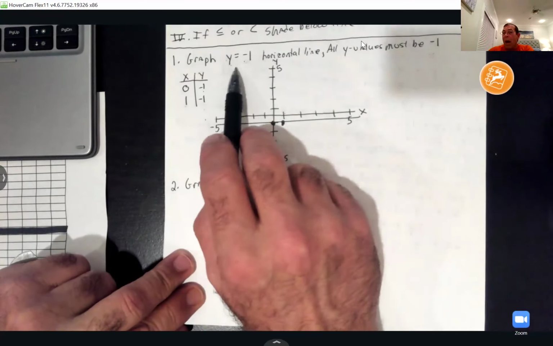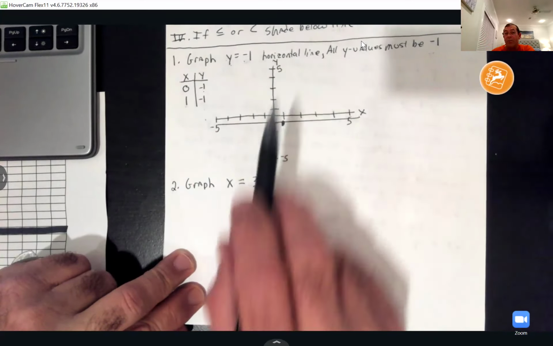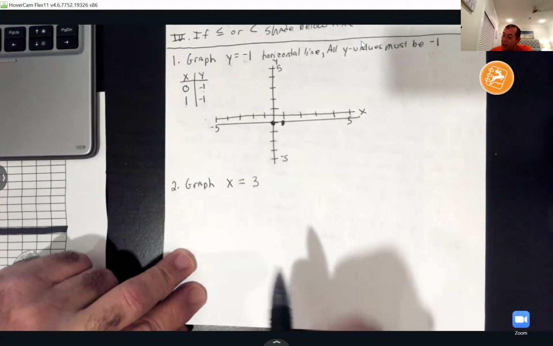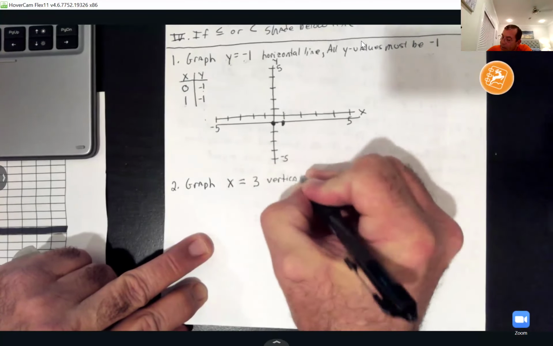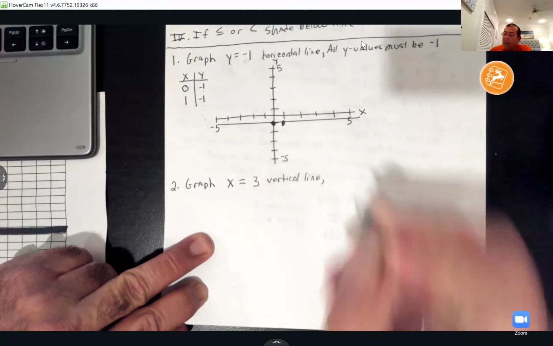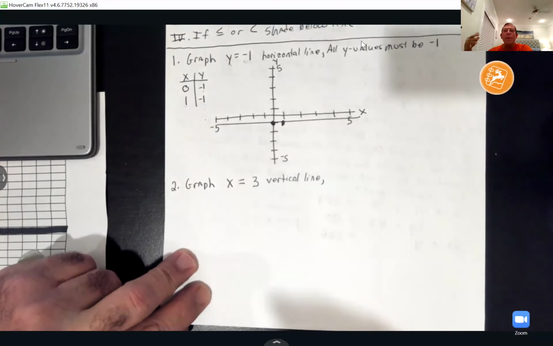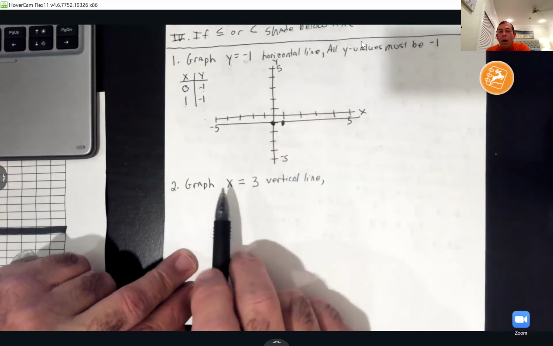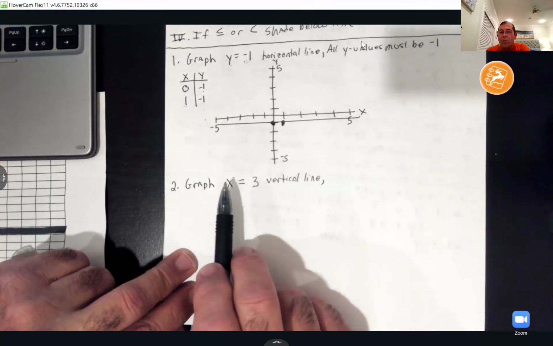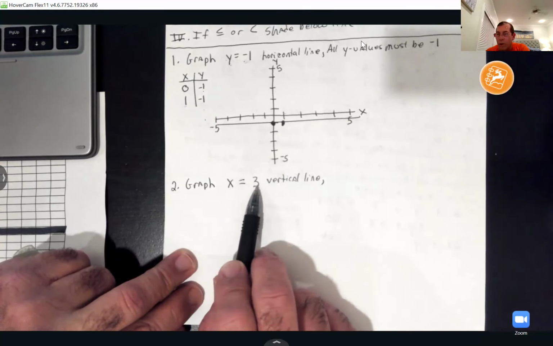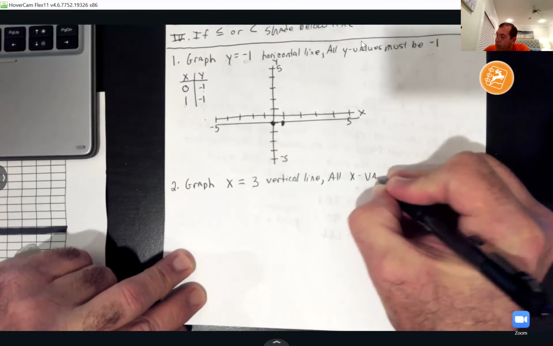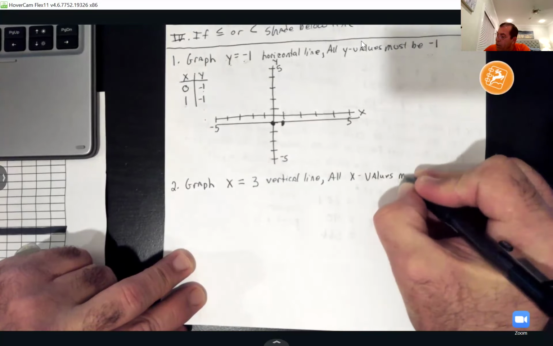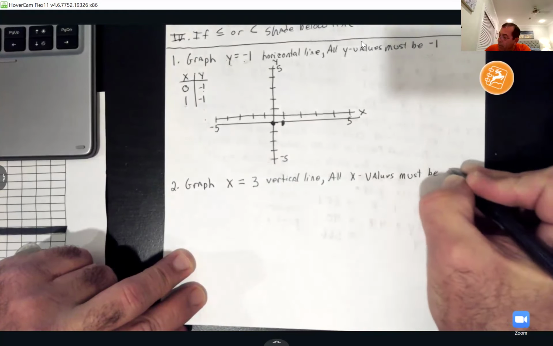Well, y'all, if y equals a number is horizontal, then x equals a number is going to be a vertical line. And guess what? It doesn't matter what the y values are. All the x values will be 3. So all x values must be 3.